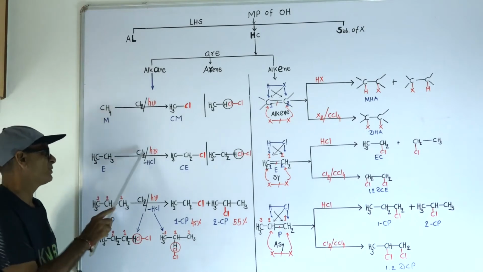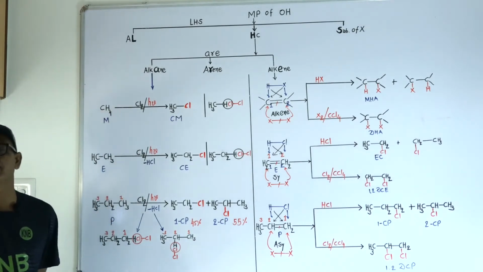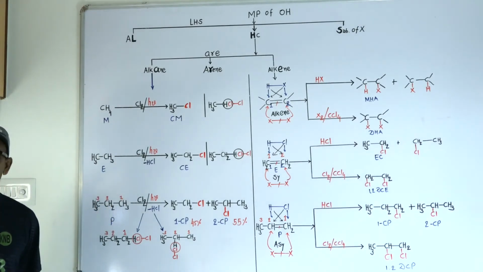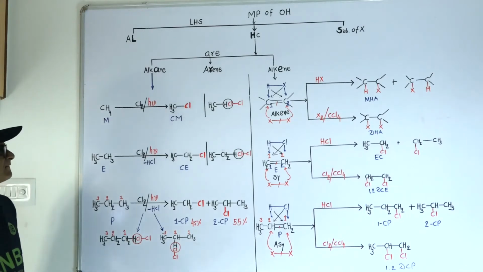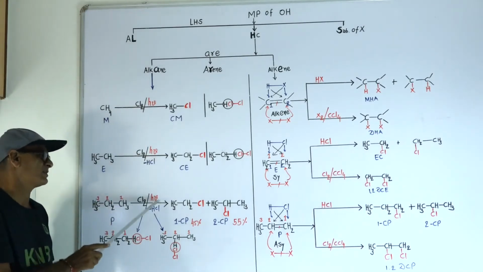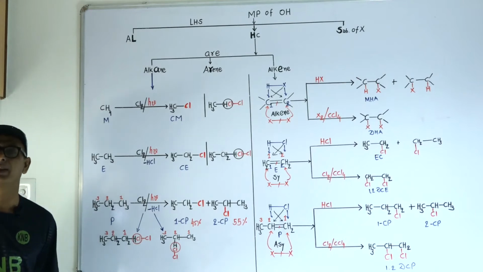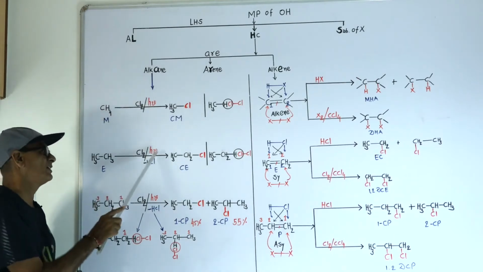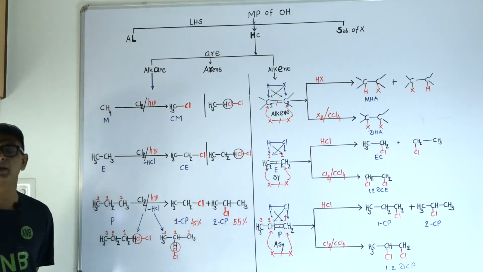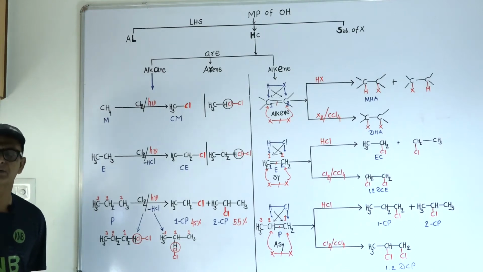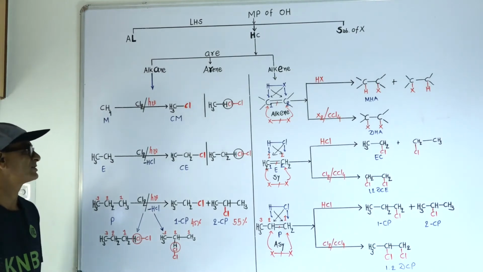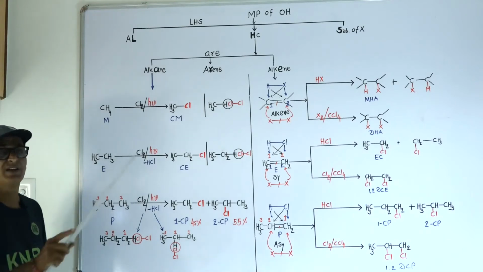Addition of chlorine to an alkane compound is known as chlorination. This reaction is always carried out in presence of UV light. hν indicates the presence of UV light, which acts as a catalyst. Now, what is the mechanism?